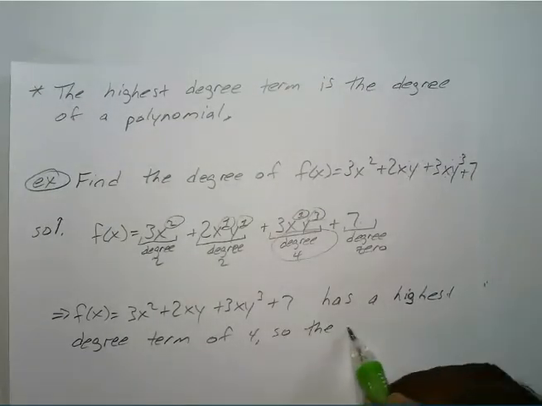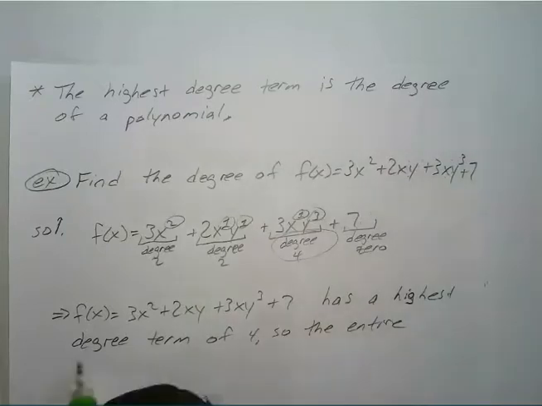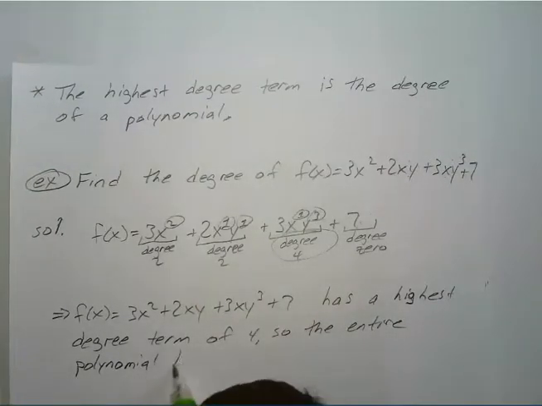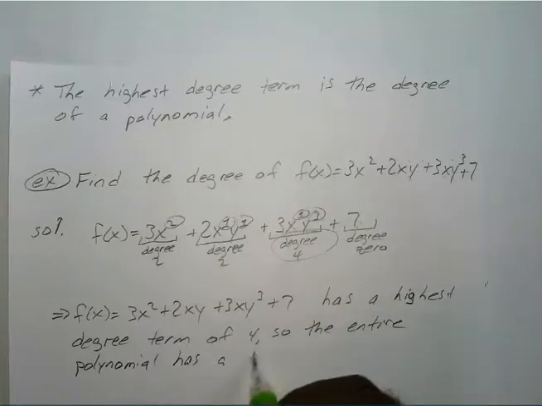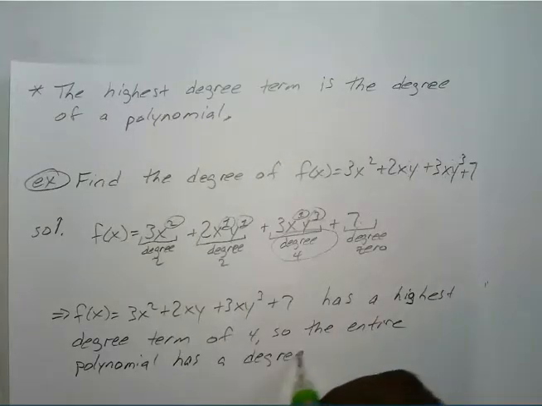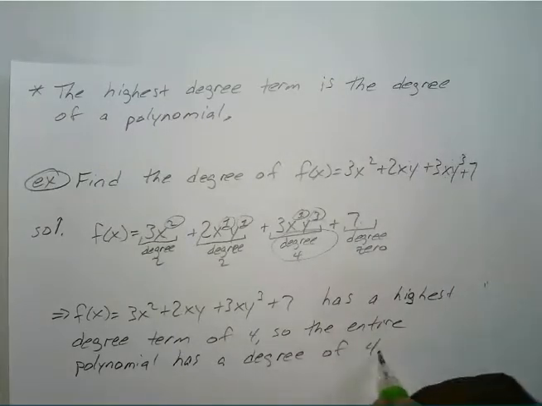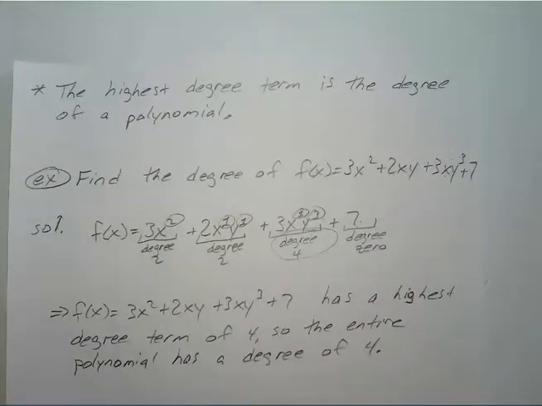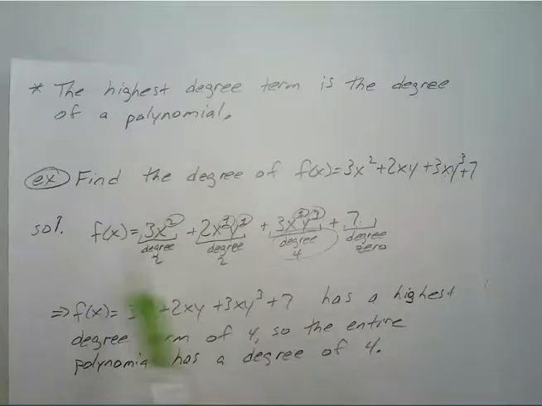So the entire polynomial has a degree of 4. See? So that's how we would find the degree of either an individual term or an entire polynomial.